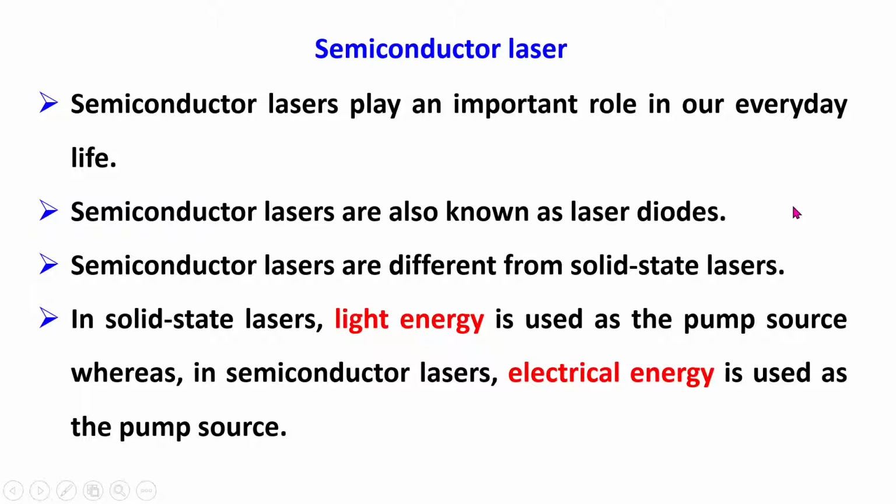The semiconductor lasers are different from the solid state lasers. Now we have seen the solid state type of the laser, in which we have seen in detail the ruby type of the laser, and these solid state lasers are different from the semiconductor lasers because in a solid state laser the light energy is used as a pumping source, whereas in a semiconductor laser the electrical energy is used as a pumping source.